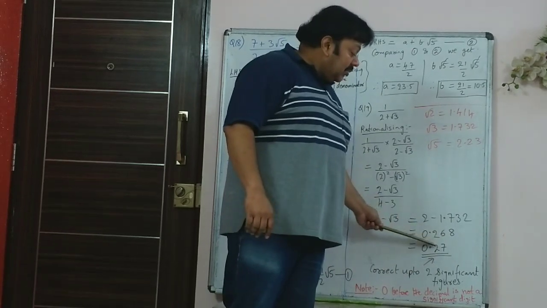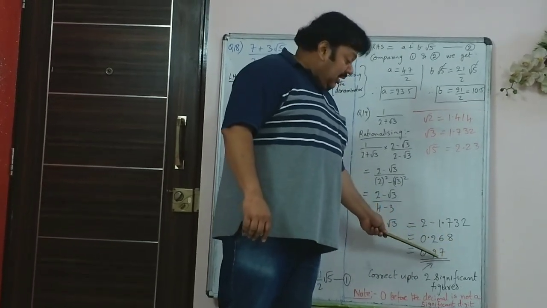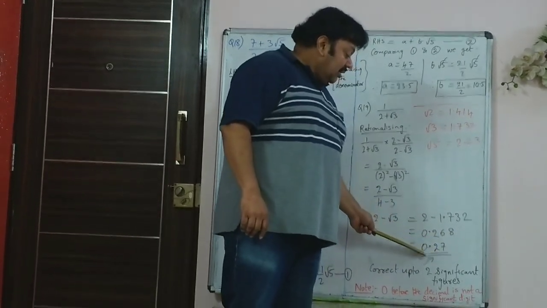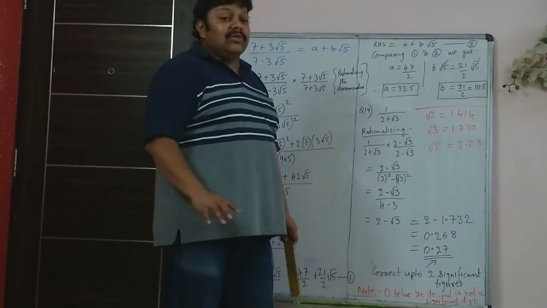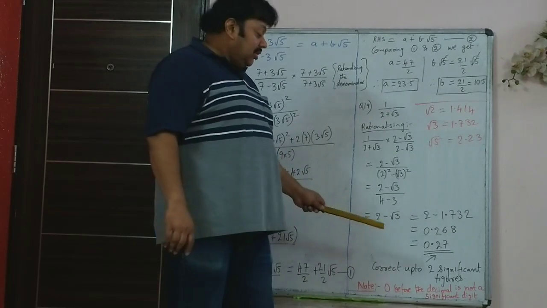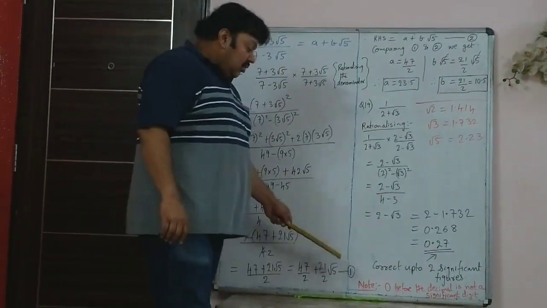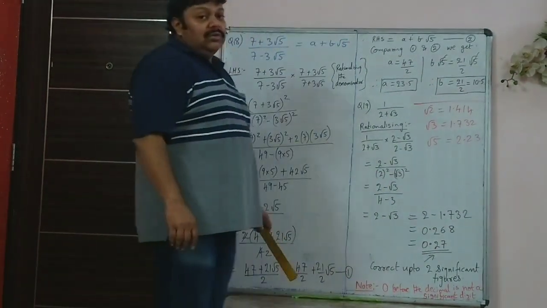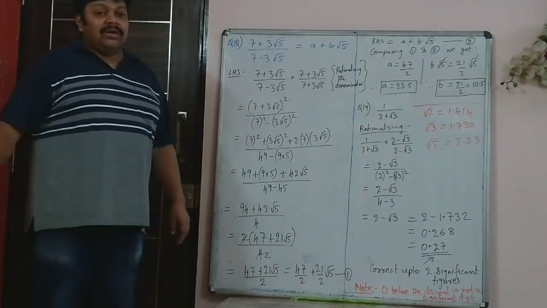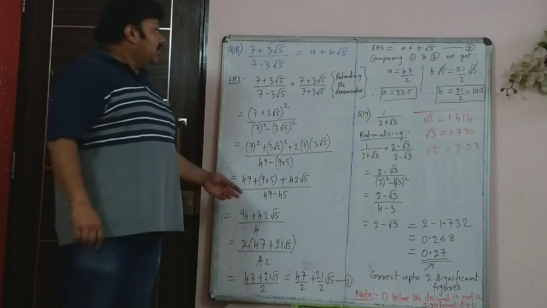So we take the three places after the decimal and then round off the second place, and because it's 0.27, rounded off to two decimal places it is 0.27 itself. Note 0 before the decimal is not a significant digit. So two decimal places are written there. We continue with the next sum.